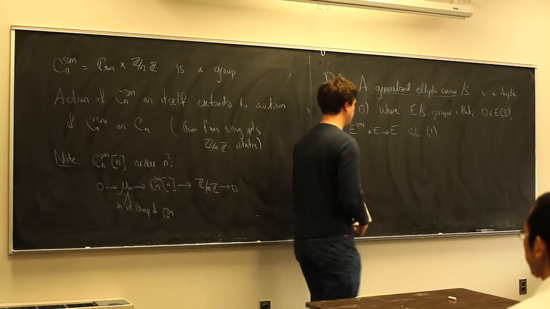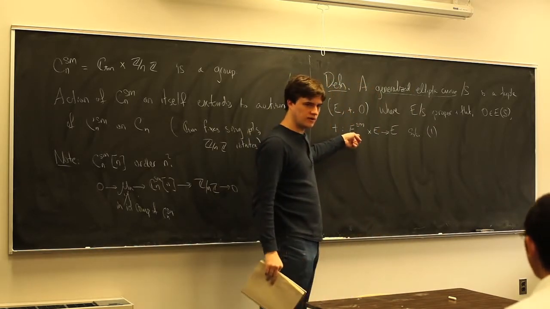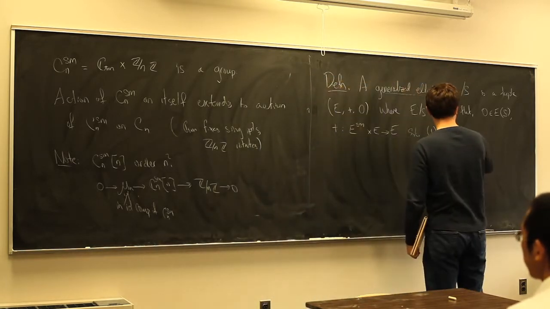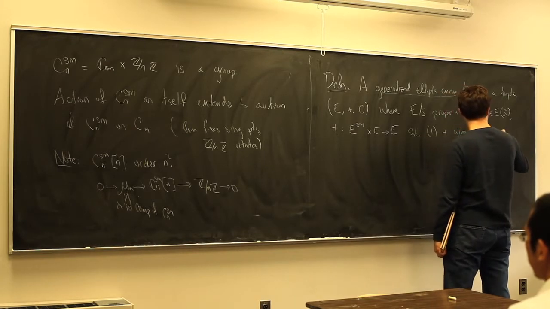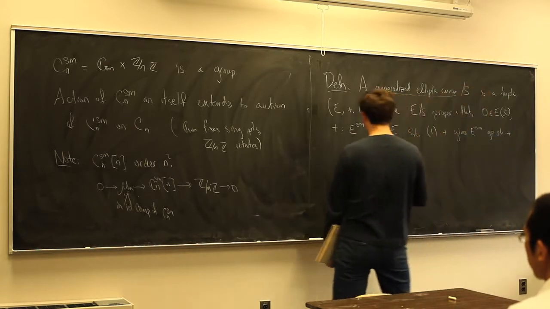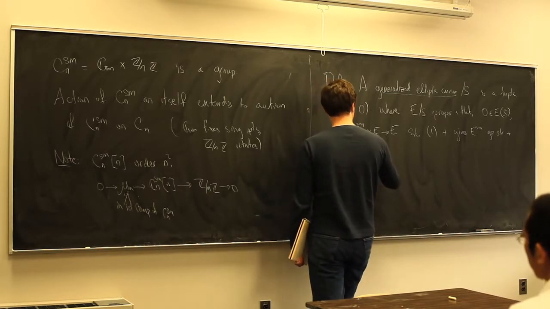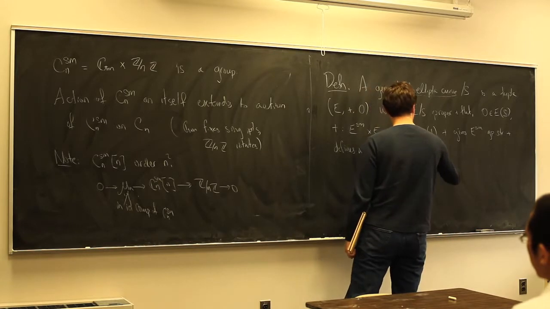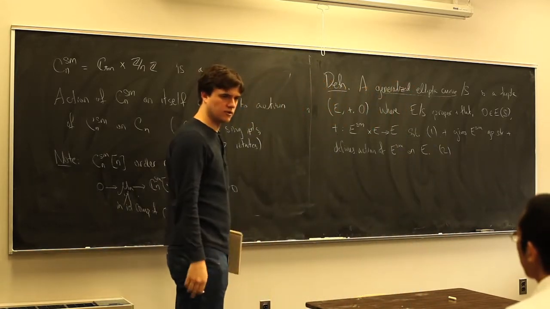First, this plus should turn the smooth locus into a group and define an action of the smooth part on the full thing. And the second condition is that the geometric fibers should be elliptic curves or these n-gons.